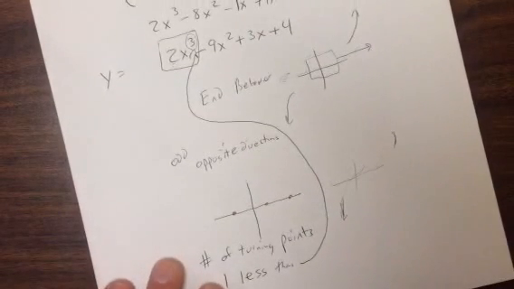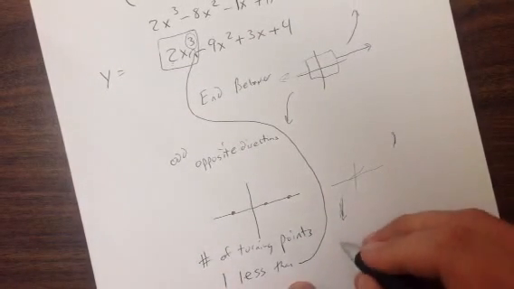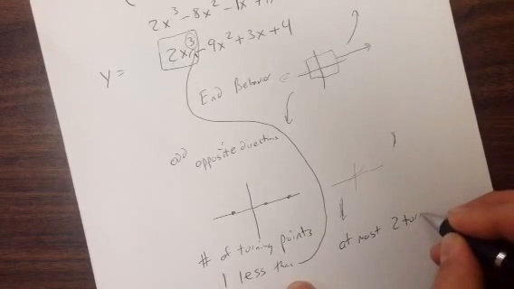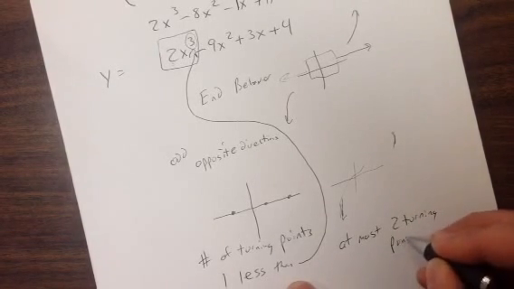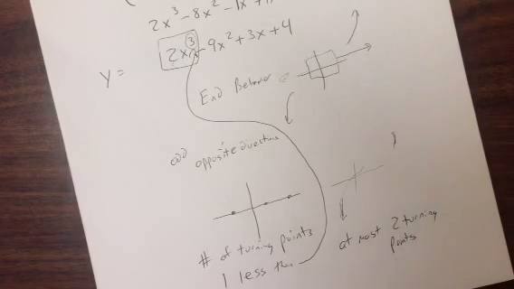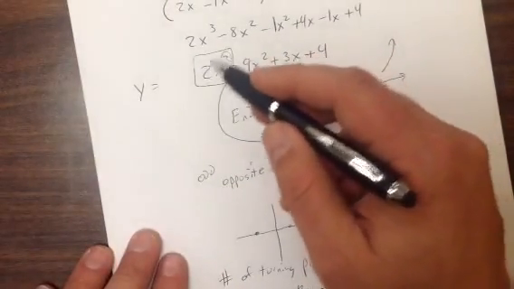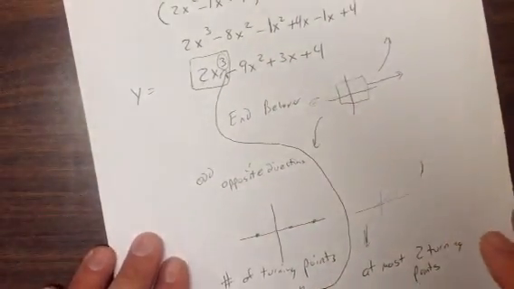So if you see that as a cubed, you know it has at most 2 turns. Knowing a lot about this, just the first term tells you an awful lot about those functions.